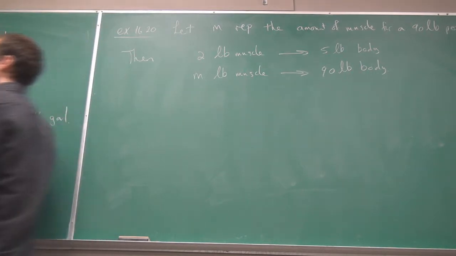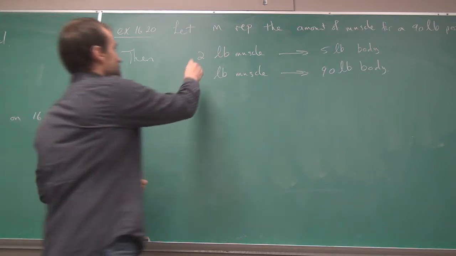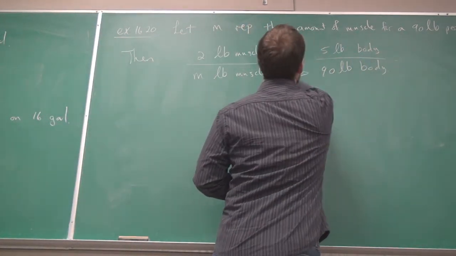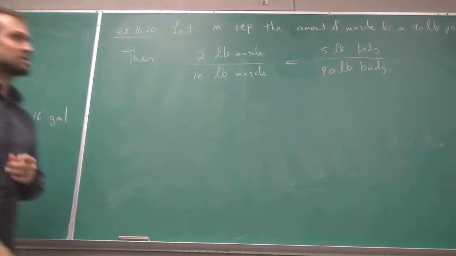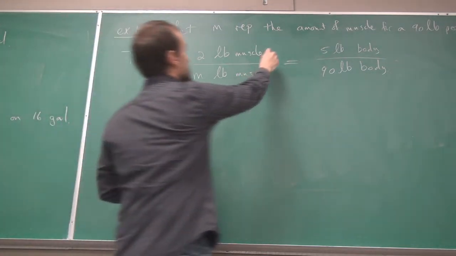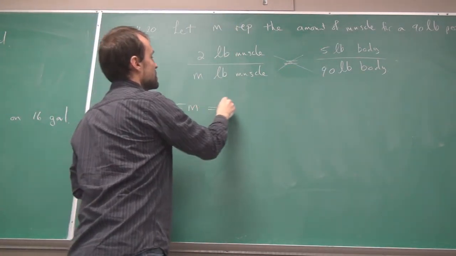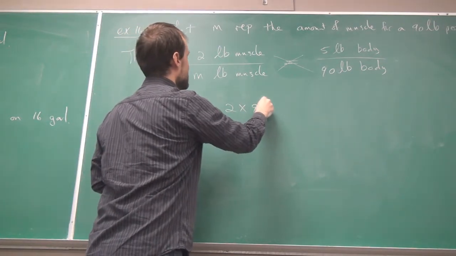Again, this isn't the only way, but it'll always work. Don't mix it up unless you're super comfortable with this. My ratio equation is right there. Now I cross multiply. 5m equals 2 times 90.